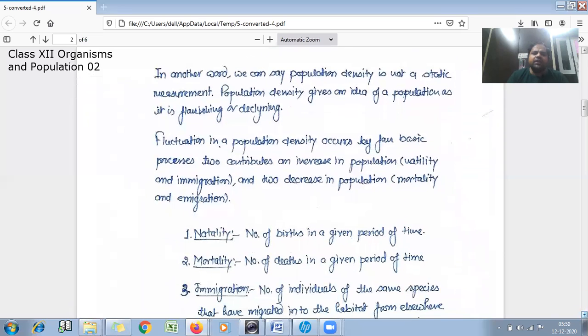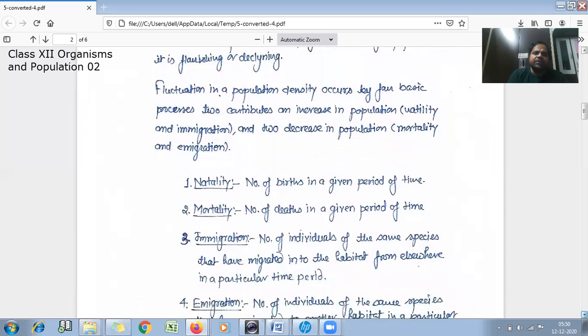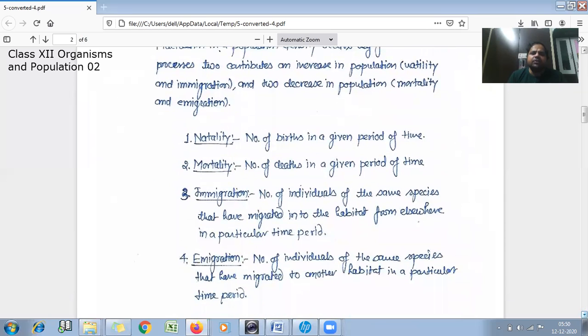Now we see that the fluctuation in population density occurs by four basic processes, out of which two contribute to an increase in population density, and those are natality and immigration. And two factors cause a decrease in population, and those are mortality and emigration. So we will see one by one the meaning of natality, mortality, immigration, and emigration.